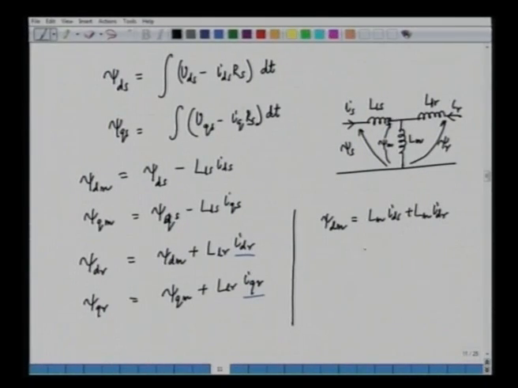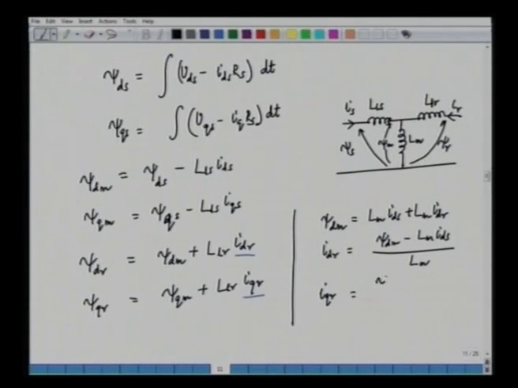So, what we do here is evaluate IDR. IDR is psi dm minus Lm IDS, divided by Lm. Similarly, we can evaluate IQR.